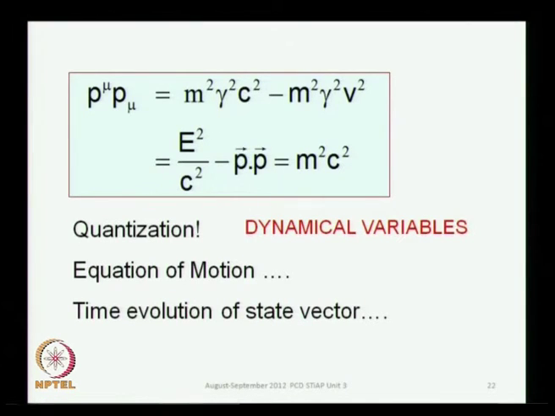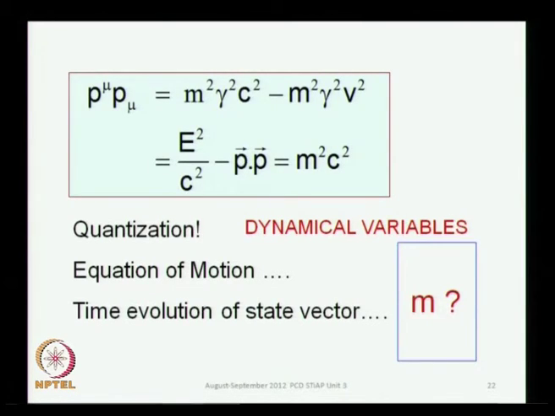We have the momentum, we have got the energy, and we can proceed to find how to go about quantizing this, and then how to describe a state vector and how the evolution of that state vector is to be described, because we know that the fundamental problem in mechanics, whether it is classical mechanics, non-relativistic quantum mechanics or relativistic quantum mechanics, is essentially the same. How do you describe the state of a system and how does the system evolve with time?